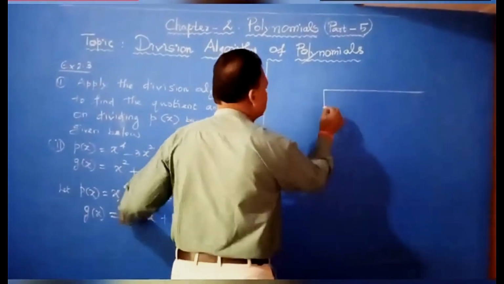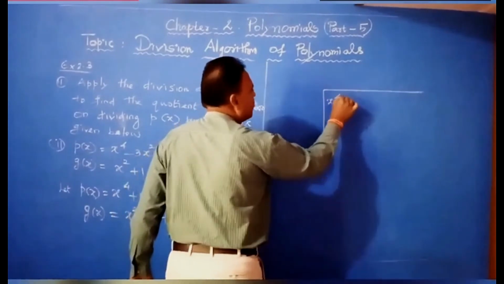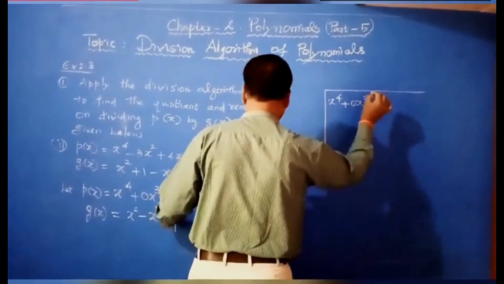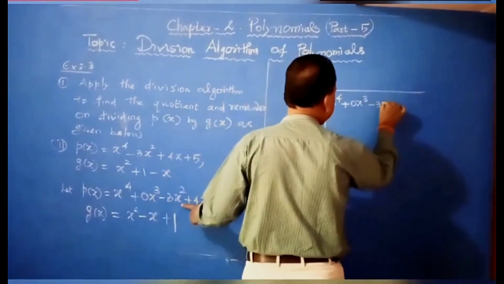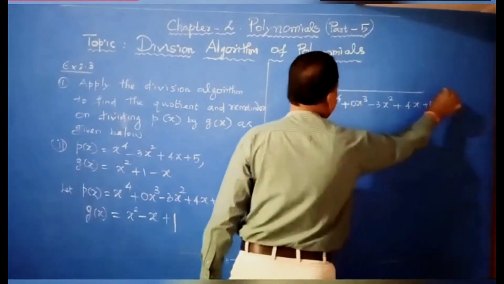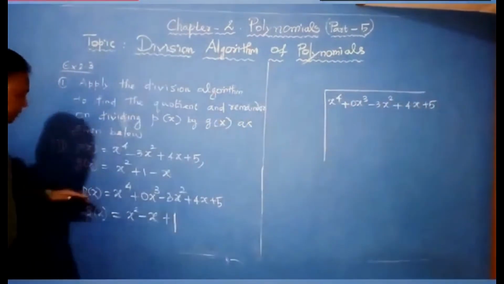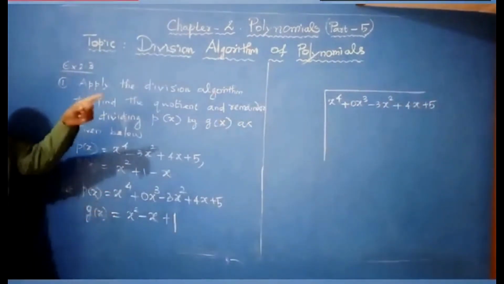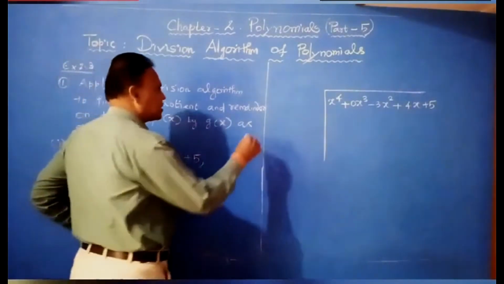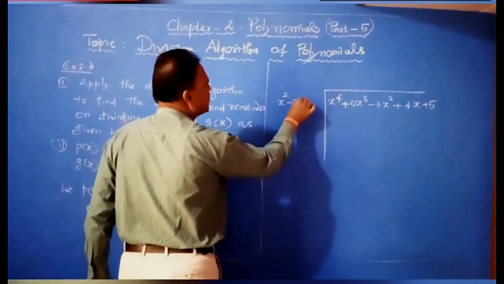First write this polynomial, that is x power 4 plus 0x cube minus 3x squared plus 4x plus 5. First write highest degree polynomial inside, then divisor write x squared minus x plus 1.